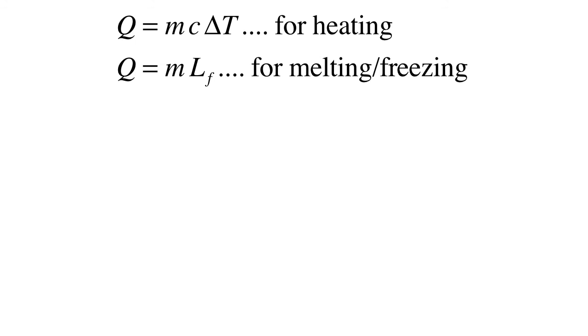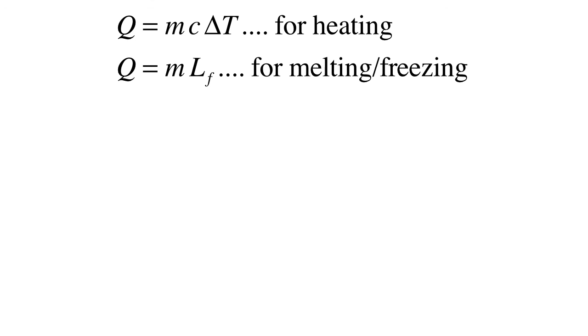Now in between, we have the melting equation. That's the thermal energy to melt a certain amount of mass, for us 400 grams, and it is just the mass times whatever the latent heat of fusion is. Fusion means fusing into a solid, so that's why it's called that. You could call it the latent heat of freezing if you want.